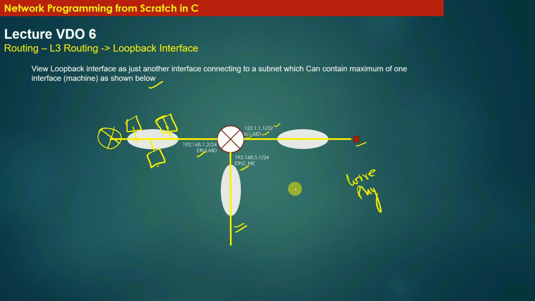The operating system sees loopback interfaces like any other physical interfaces, but they are not used for data exchange and do not have a peer, that is, no machine is connected on the other side, because they are software-based interfaces.